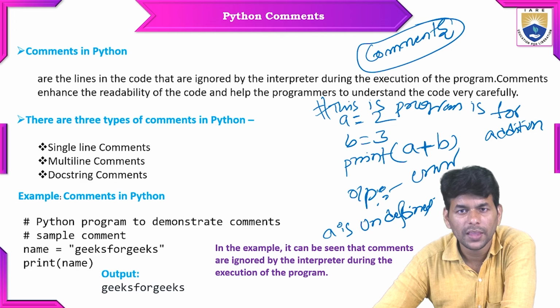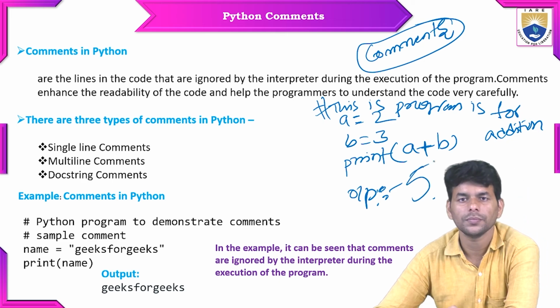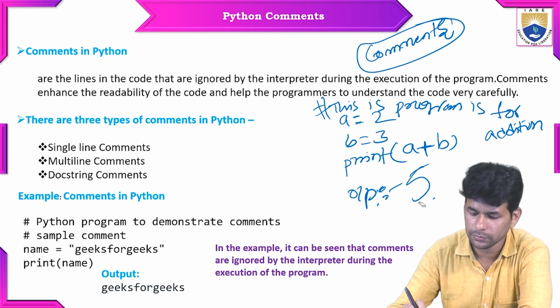Then it will be calculated and evaluated, and the output will be printed onto the screen. The output is 5. So this is about the usage of comments in Python programming.